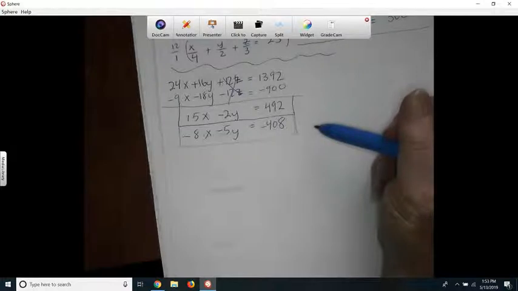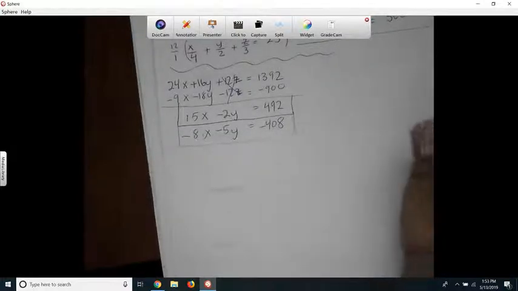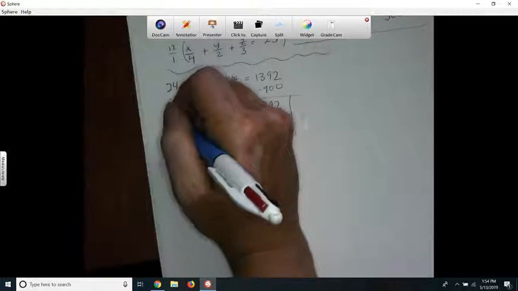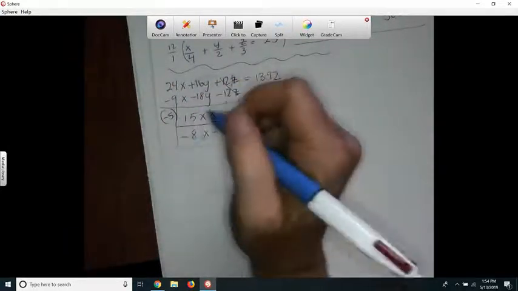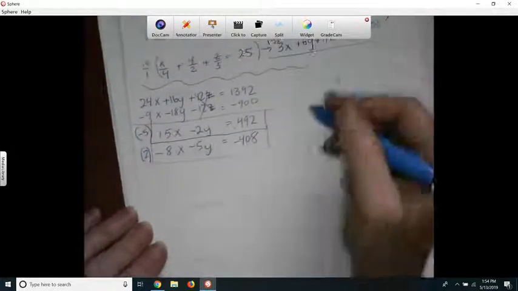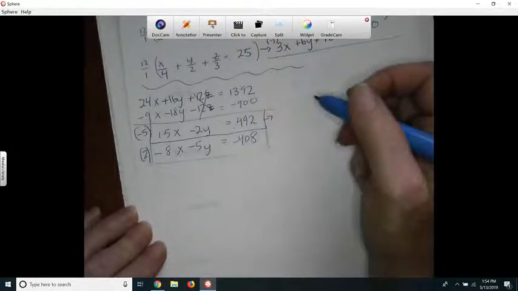I feel like I just want to multiply the top one by 5. How about negative 5? And the bottom one by 2. Okay, so I'm just going to multiply the top one by negative 5.